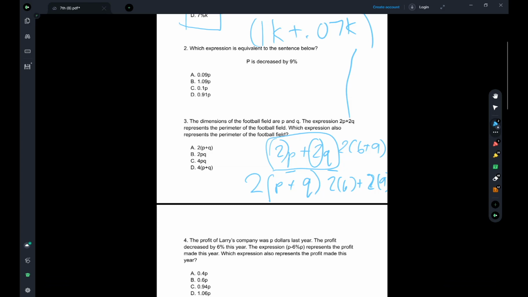For this one, you would multiply and then add. For this one, you would also multiply and add. So in this case, it's the same thing, it just looks different.